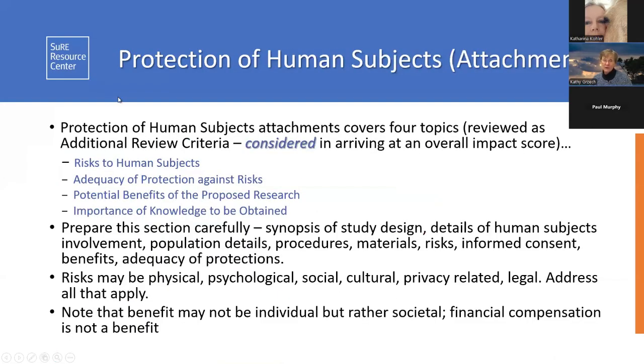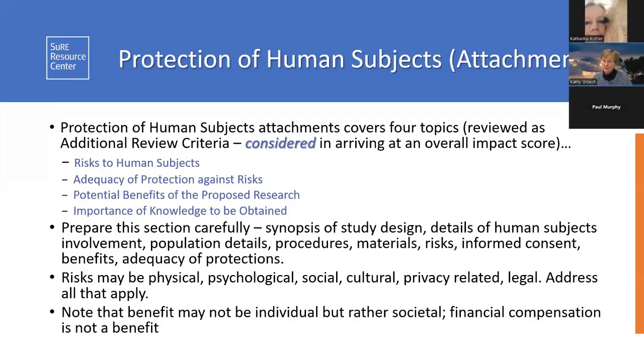So there are 4 topics in this attachment: risks to human subjects, adequacy of protection against risk, potential benefits of the proposed research, importance of knowledge to be obtained. These are reviewed as additional review criteria, meaning they're not directly scored, but they can be considered and are considered in arriving at an overall impact score.